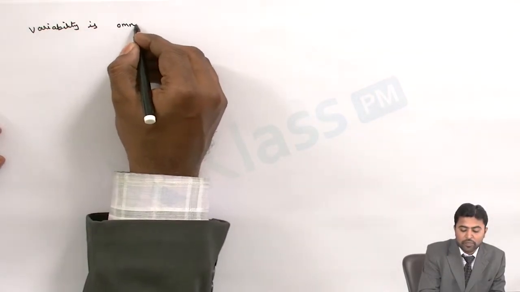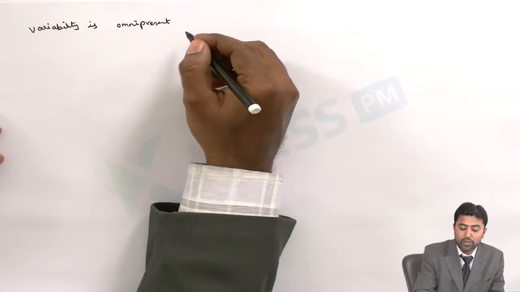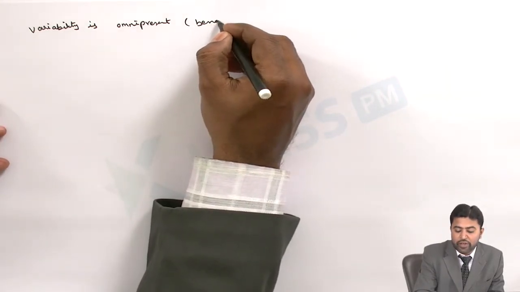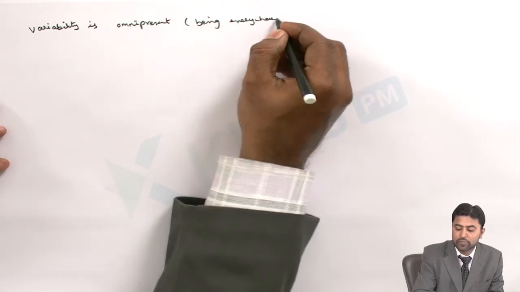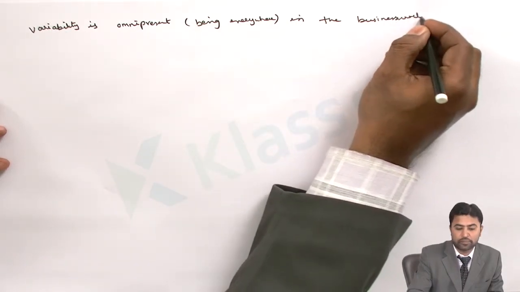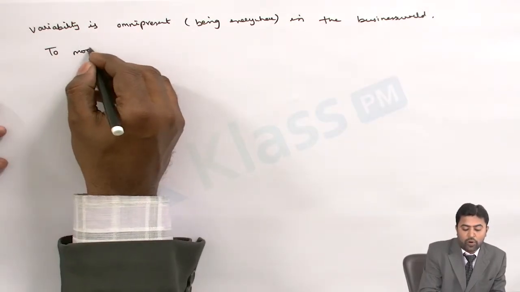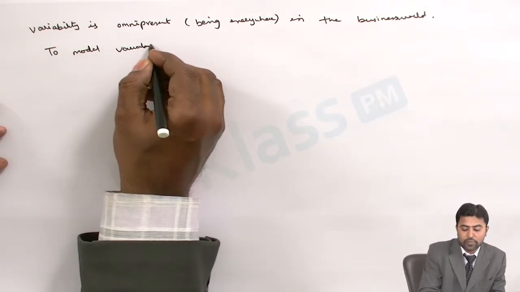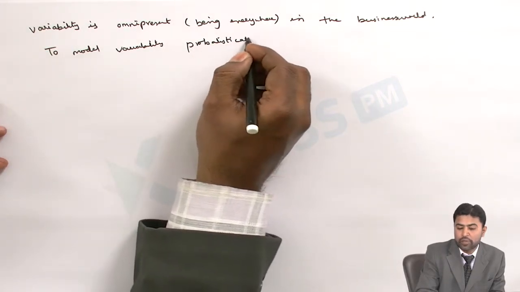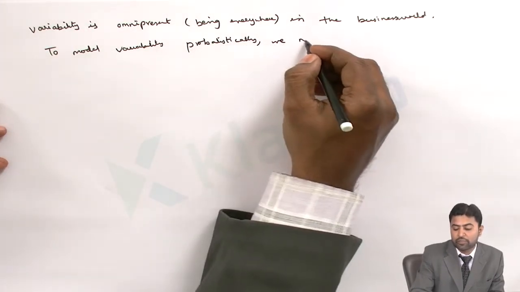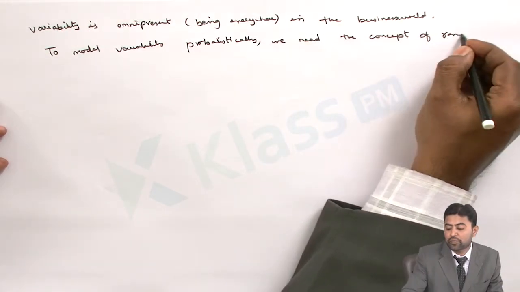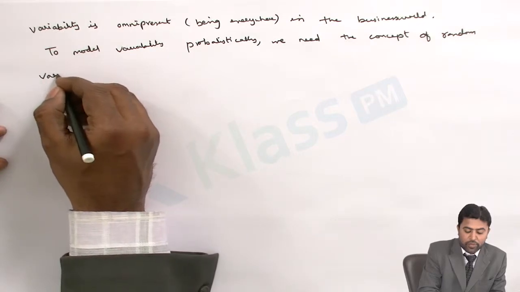Variability is omnipresent, meaning it is everywhere in the business world. To model variability probabilistically, we need the concept of a random variable.